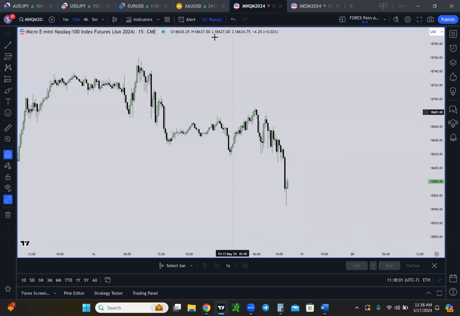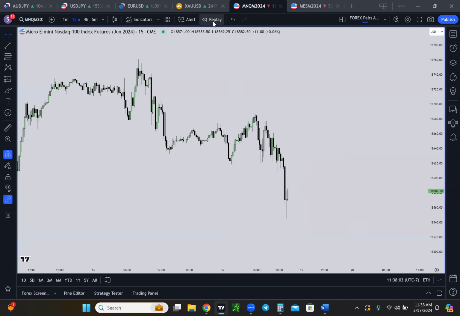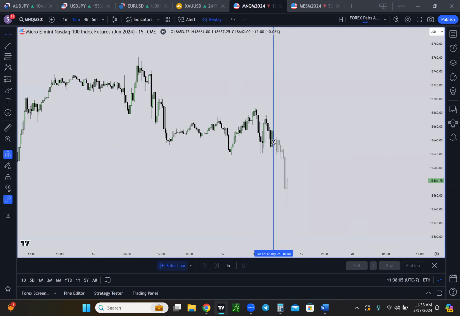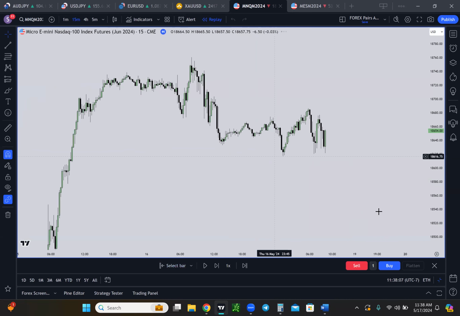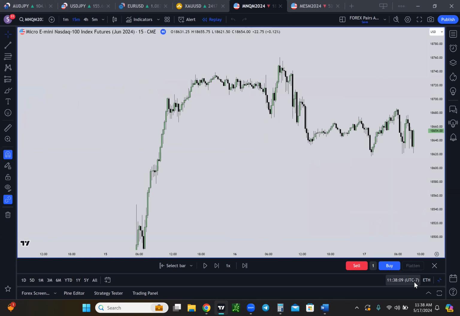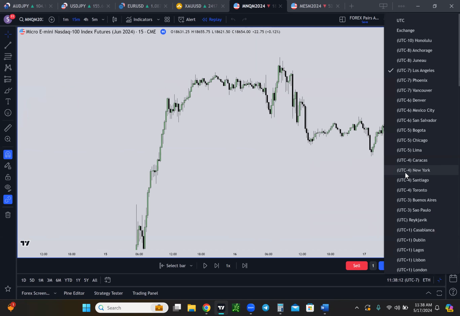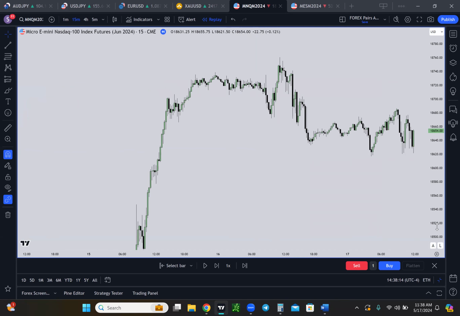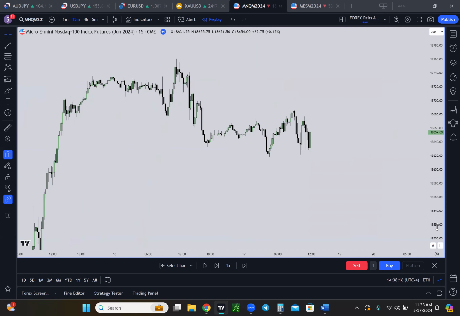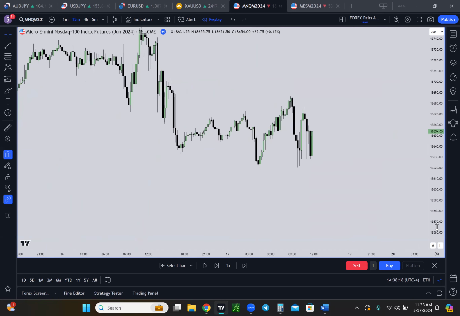Oh dear. Try this again. Here we go. That's what I want. For you New Yorkers, I'm going to change my time to New York time so you understand when this is happening. 15-minute time frame currently.